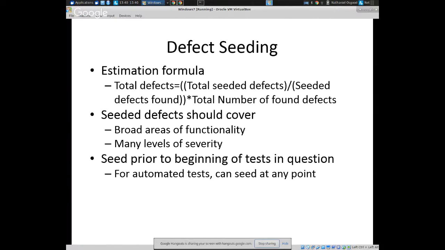So here we have a total number of defects we found to now. You consider, okay, how many seeded defects were found versus the total number that have been seeded. And it's just like the tag analogy, right? You have a certain fraction of those that you tagged that were found, and you multiply it by the total number that you've done.